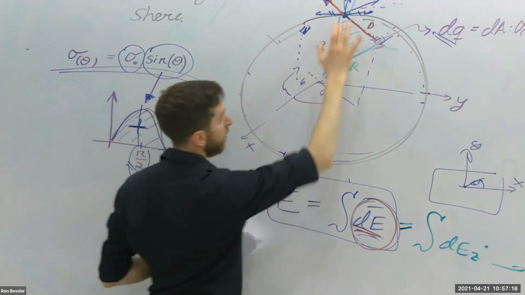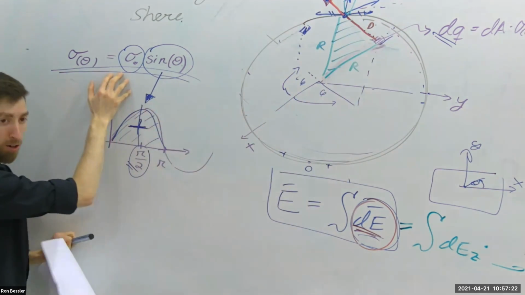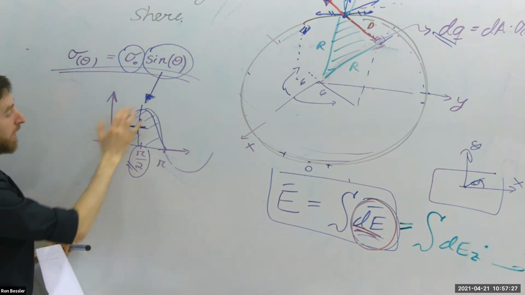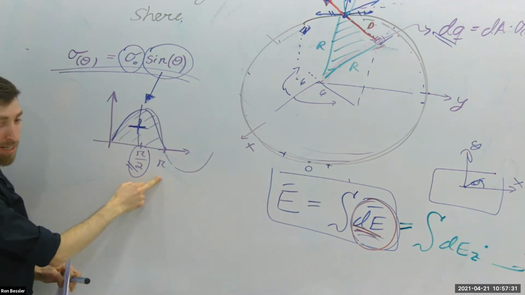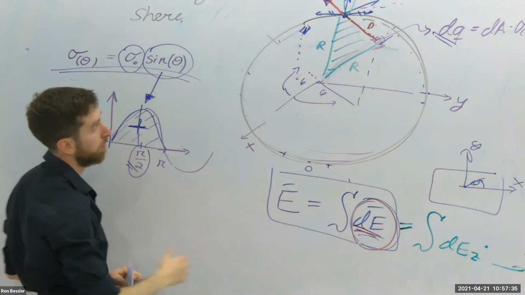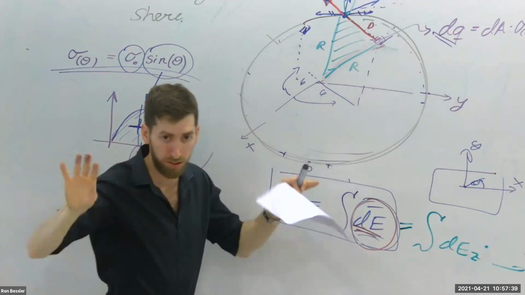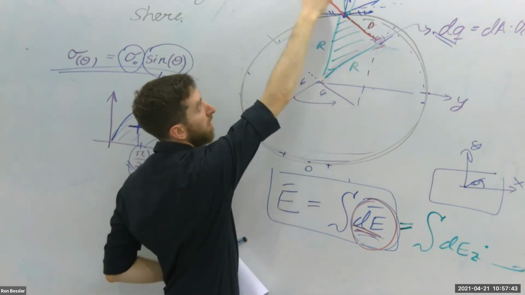So let's recap what's going on here. We're trying to find the electric field from that point. At that point, we have this sphere, which is charged, and the charge behaves this way: it's all positive, gets maximum at theta equal to pi over 2, and goes to 0 again at pi. It accumulates charge until here, and then it's dying out. All the dq points outwards, and that gives us this dE from each charge.